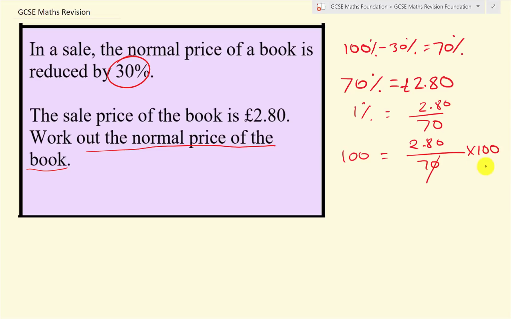Divide by 10 top and bottom. And then 7 goes into 2.8, 0.4 times. And then 0.4 times 10 is 4. So the answer is £4. So the original price, or the normal price, of the book is £4.